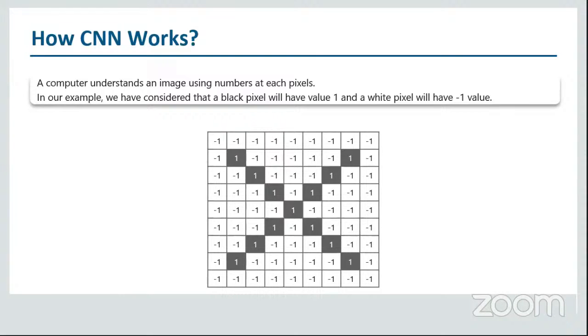In our example, we have considered the black pixel will have the value 1 and the white pixel will have -1. Easy representation. Wherever you have pixels which are black, I have filled it with ones. So this diagonal line and this diagonal line have values 1. All other boxes where the values are not available, I have entered the values -1.